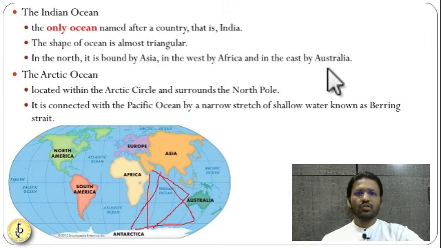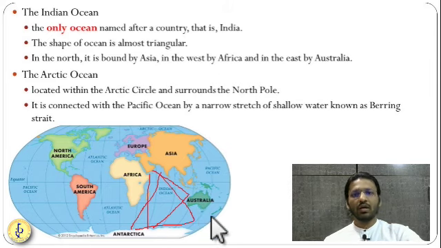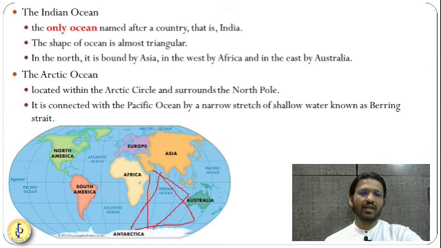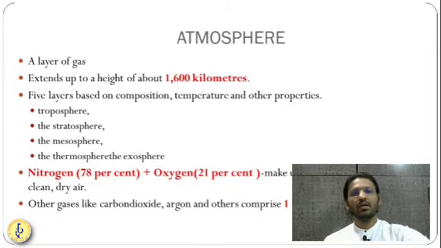Just remember that the Indian Ocean is the only ocean named after a country. On one side of the Indian Ocean you have Asia, on another side Africa, on another side Australia, and downside you have the Arctic Ocean. These are the important facts about the Indian Ocean. There are so many more facts about the Indian Ocean which we are going to see in the next NCERTs.